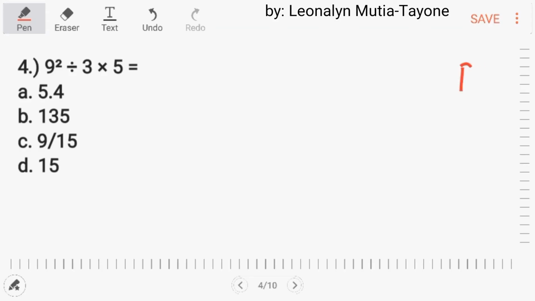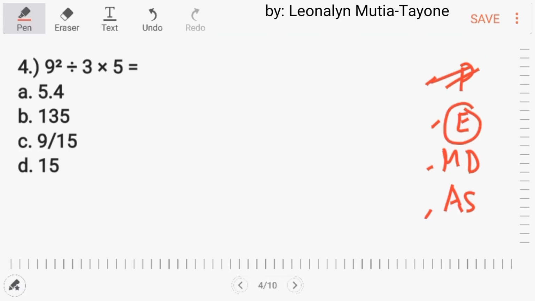Number 4, isulat ulit natin itong acronym na PEMDAS. Pero ganito ang pagkasulat mo kasi 4-step lang naman ang PEMDAS. Walang parentheses, so proceed tayo. May exponent. Unahin natin si exponent. 9 squared is 81. Ngayon, division, tapos multiplication.